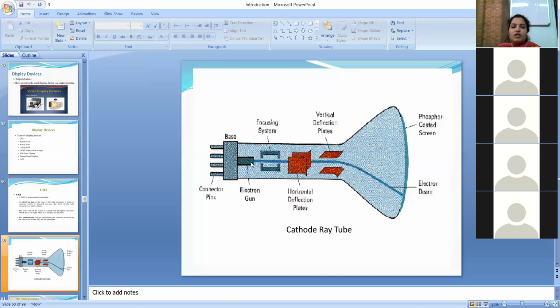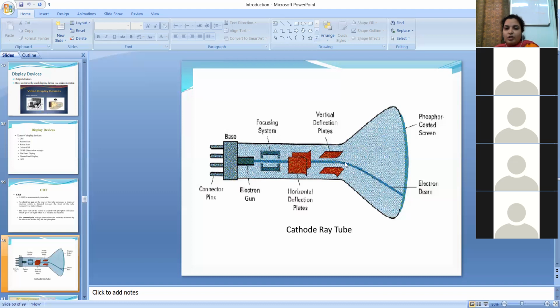So what is the job of this electron gun? It will emit the electrons, and those electrons will pass through the focusing system and the vertical and horizontal deflection plates, which decide the direction in which that electron beam will strike the output screen. Where the beam strikes is totally based on the vertical and horizontal deflection system. This is the phosphor coated screen.